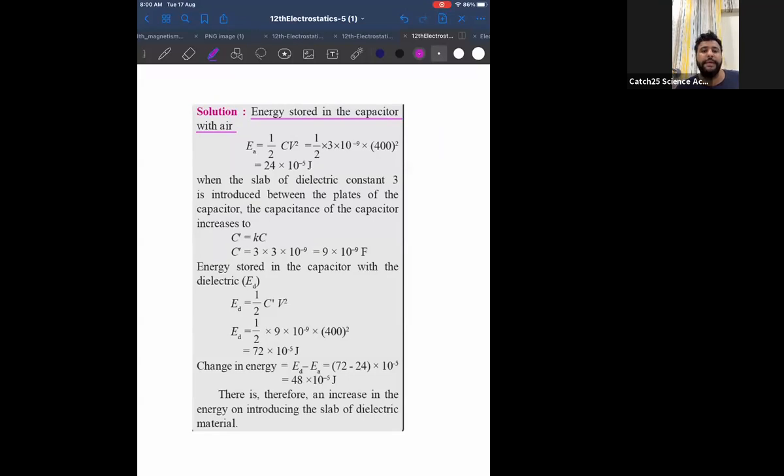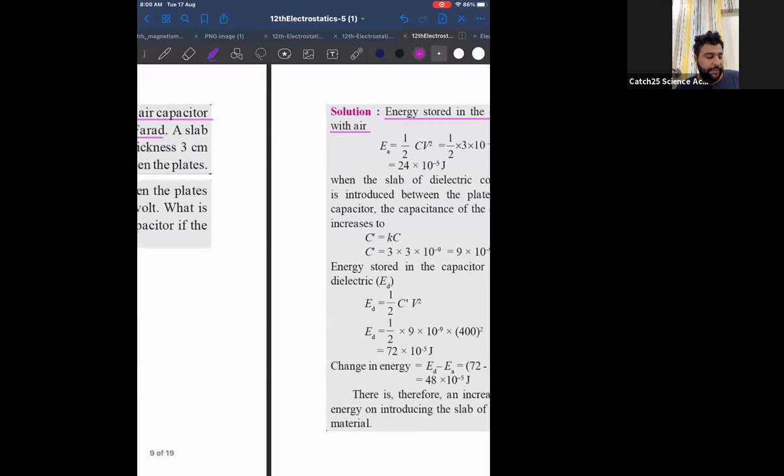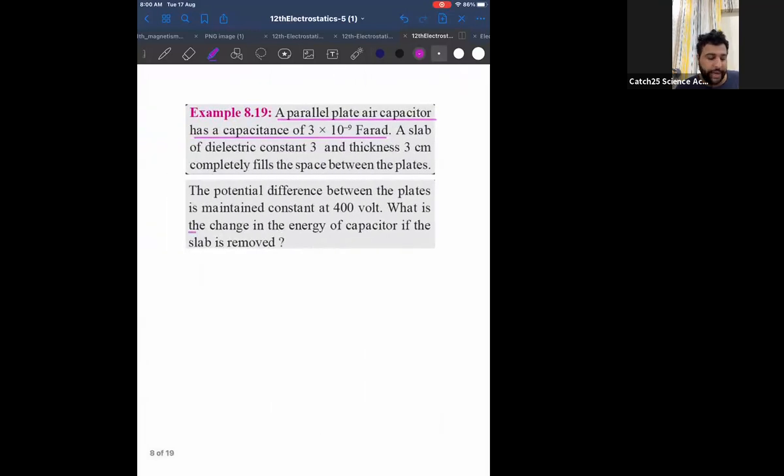Half CV square. Is C given and is V given? C is given as 3 into 10 power minus 9 and V is given as 400. Therefore, the energy of an air capacitor is half CV square, where C is of air.